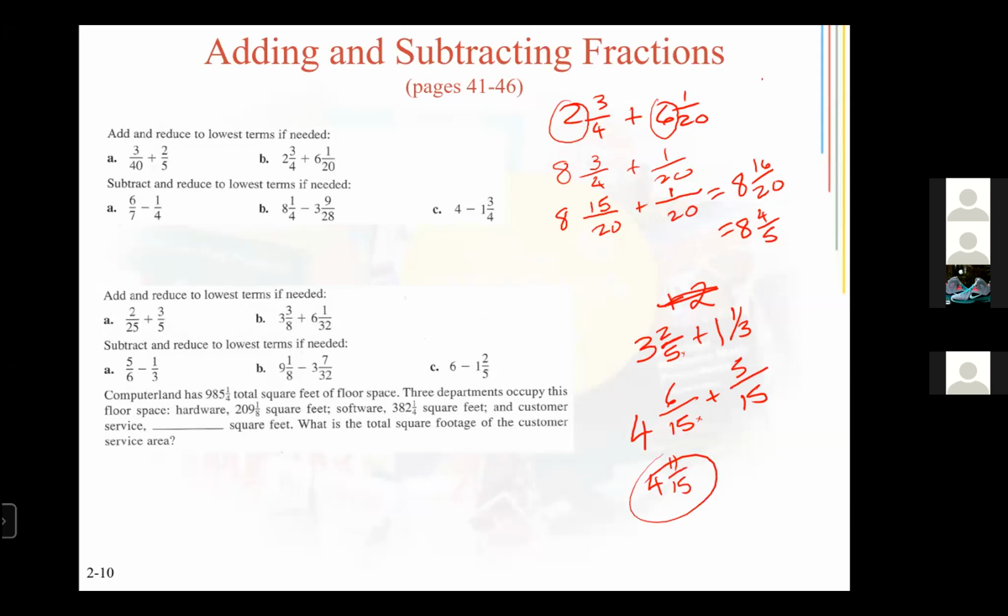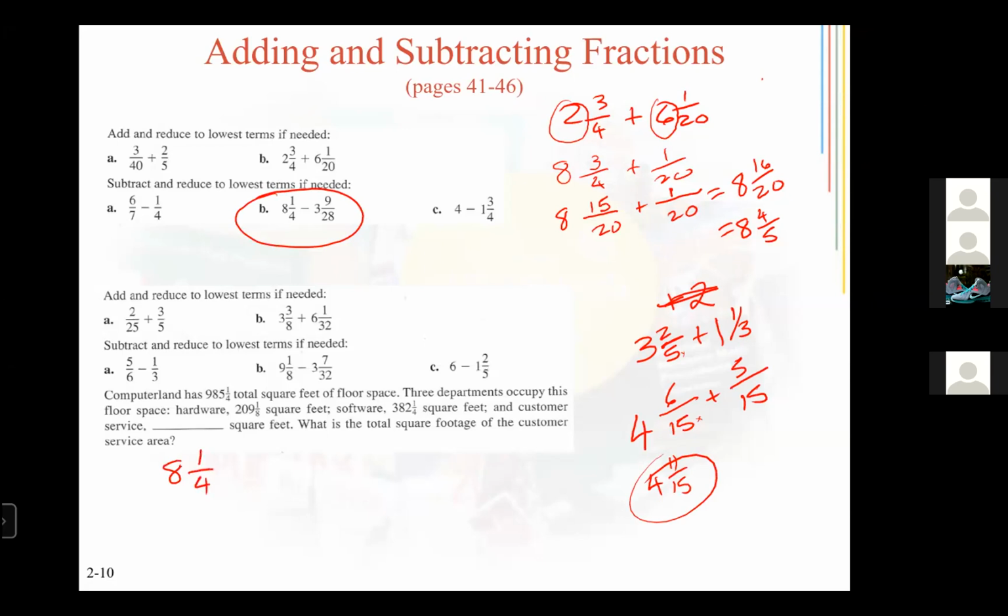All right. Now, when we have to subtract, we basically follow the same steps. So I want us to do this subtraction right here. 8 1/4 minus 3 9 over 28. So we're following the same procedure.